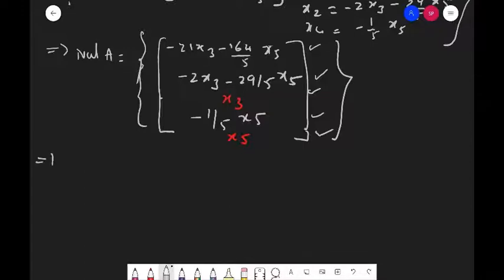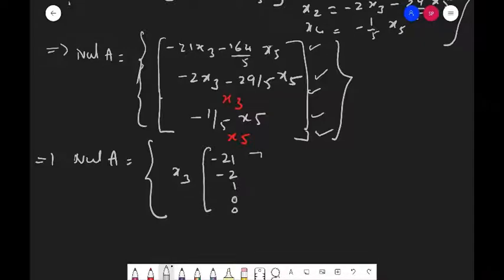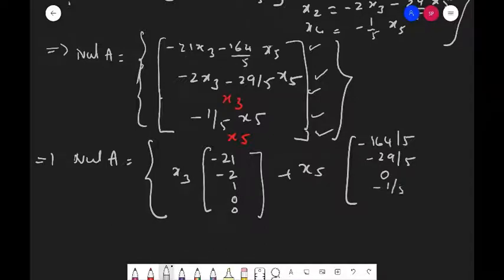So I can write this null A as, if I take x3 common, I will get minus 21, and then minus 2, and x3 is 1, there is no x3 in these two, plus x5 into minus 164 by 5, minus 29 by 5, and then 0, there is no x5 here, and then minus 1 by 5, and then 1.